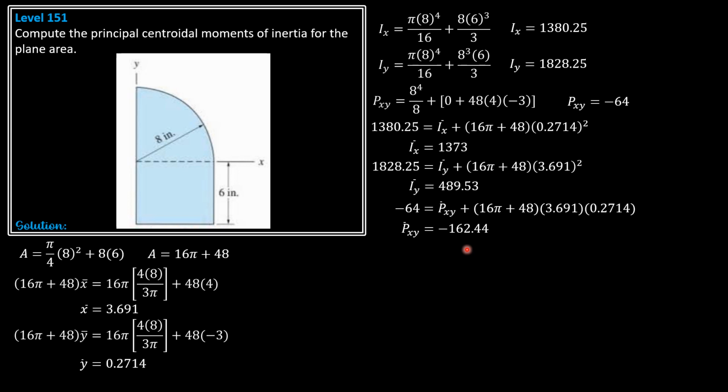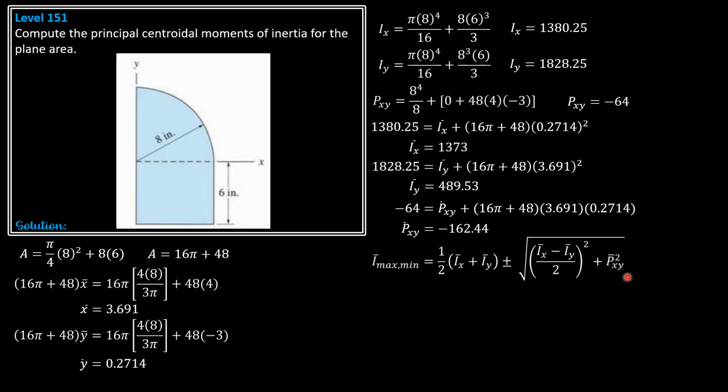Then for Imax or minimum, it is equal to 1/2 quantity I barred x plus I barred y plus minus square root of quantity I barred x minus I barred y over 2 square plus P barred xy square.